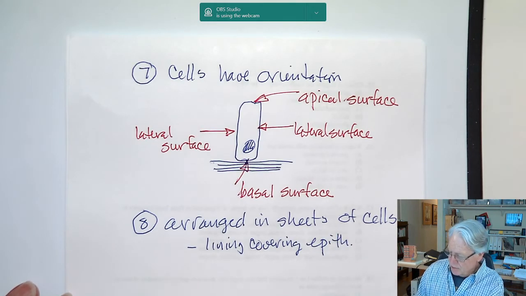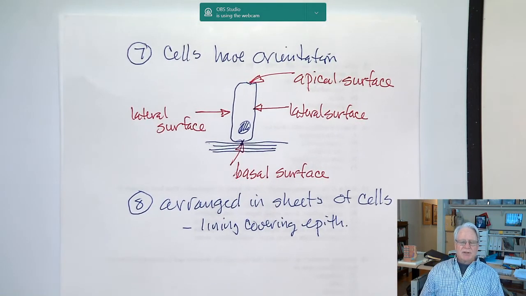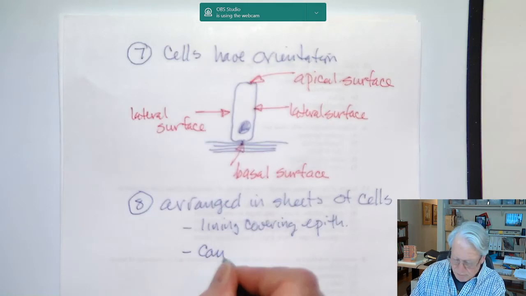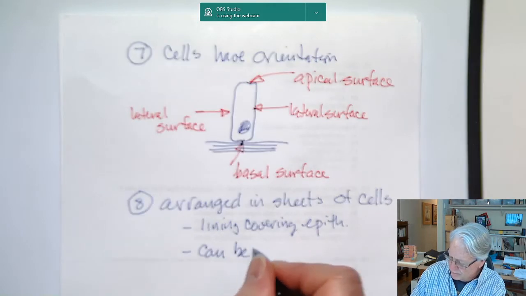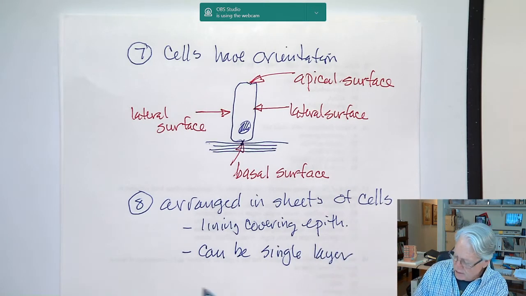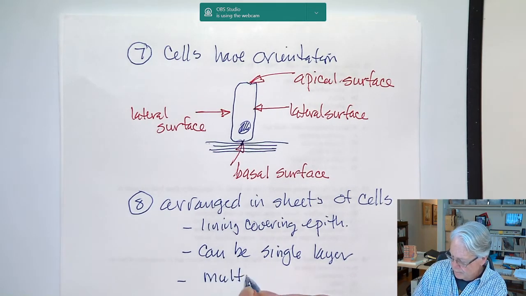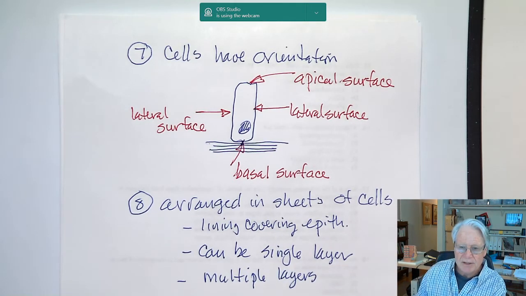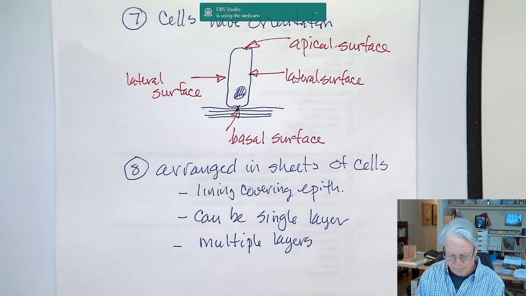The arrangement of the cells is always in sheets, not with glandular epithelium, but with the lining and covering epithelium, they're going to be arranged in sheets of cells, and that will become very apparent as we look at different types. So these can be a single layer, or it can be multiple layers. We'll get into that detail in just a bit. Okay.